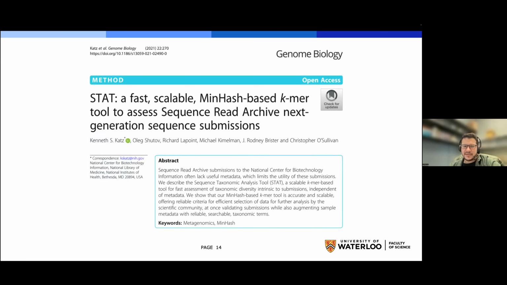This is called STAT, and what STAT does is it pre-computes. It uses k-mers, short sequence fragments that are predictive of taxonomy, and it uses those fragments to essentially estimate a rough taxonomic profile for any sample. STAT was applied to all of the samples within the SRA database so that you could look at any sample you're interested in and get a rough estimate of its taxonomic composition.